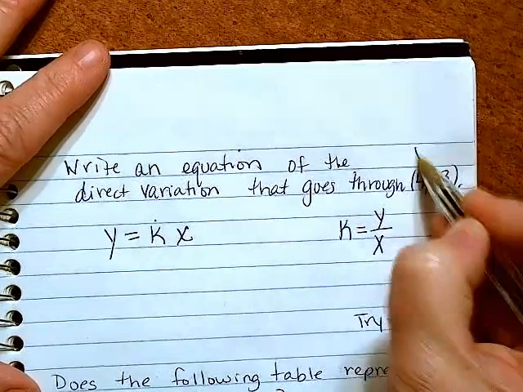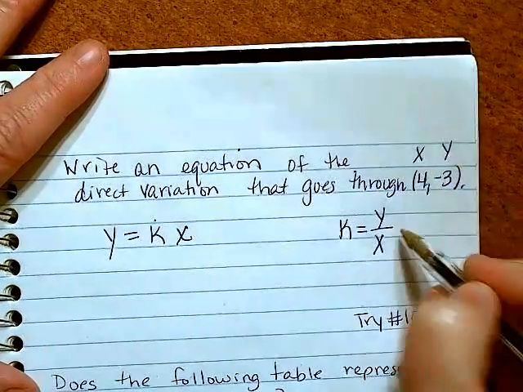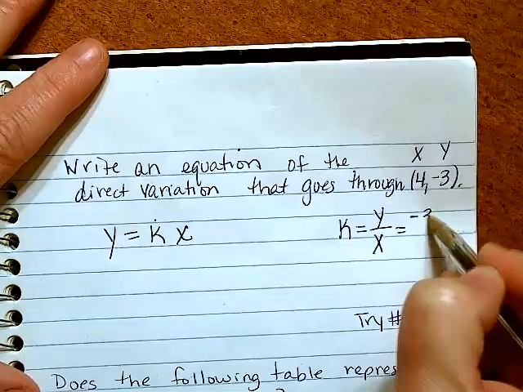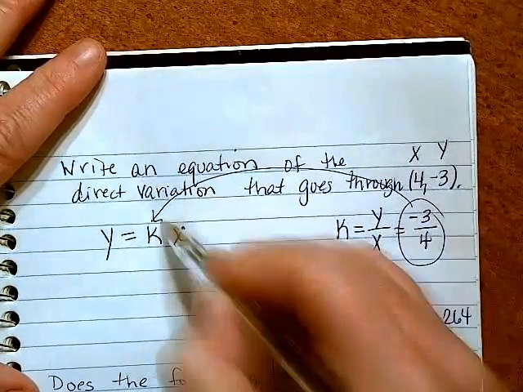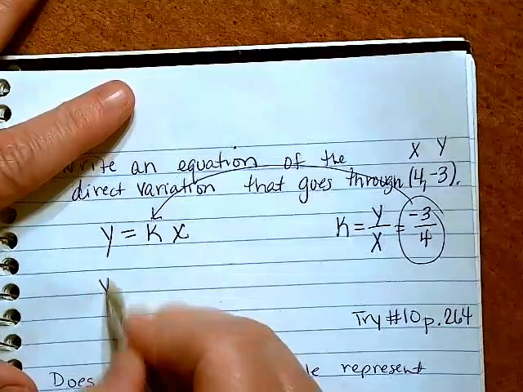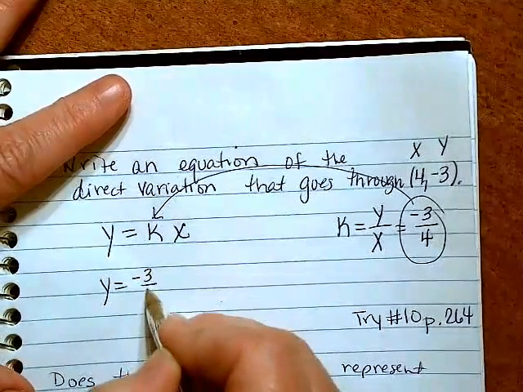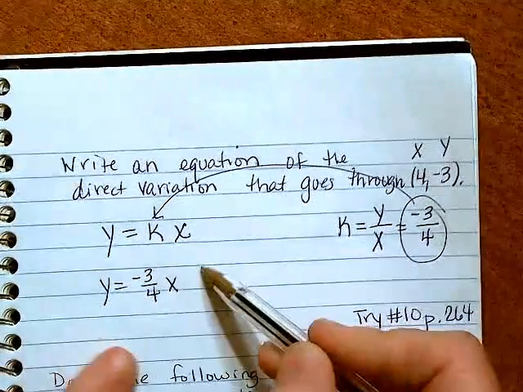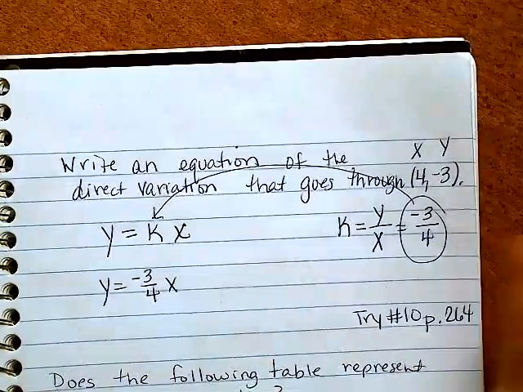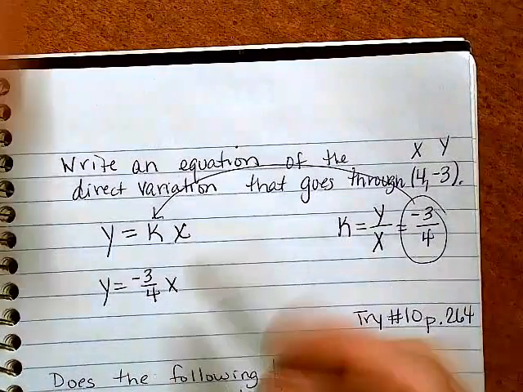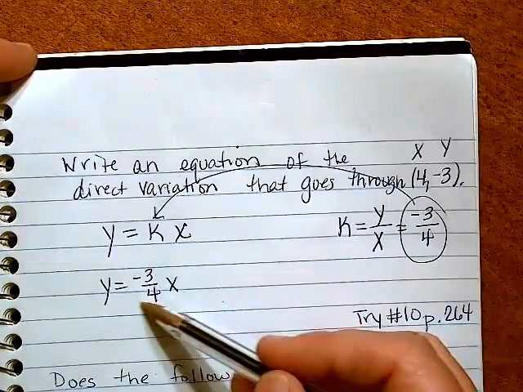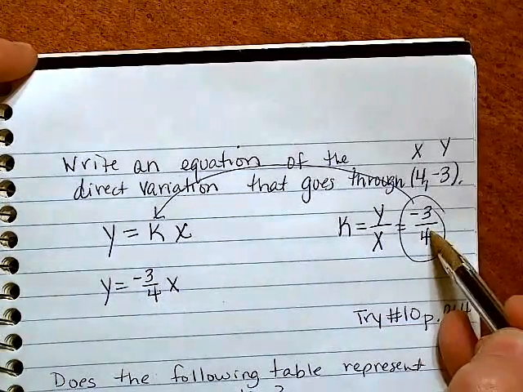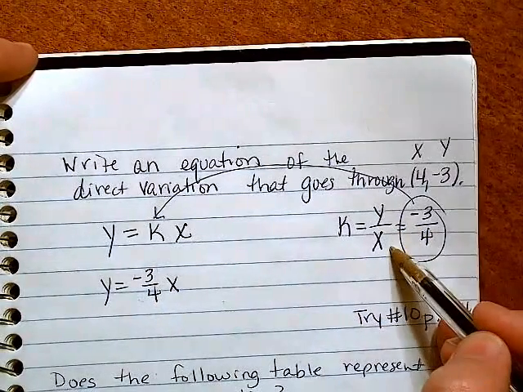So you plug those numbers in: that's negative 3 and that's 4. That goes in place of the k. The y and the x stay in the problem. It's negative 3/4 x. Now, is there going to be anything added on to the end? No. Remember what we said about direct variations. They don't have anything added to the end. They just have a number in front of the x, and it's the ratio of y over x.